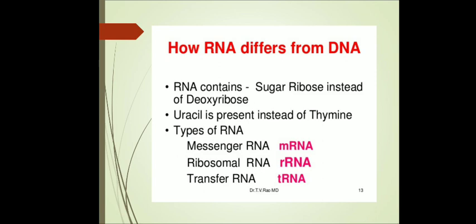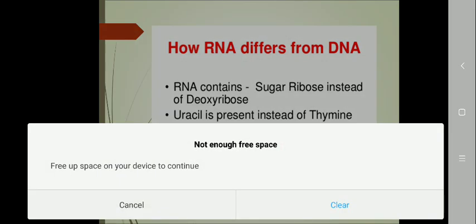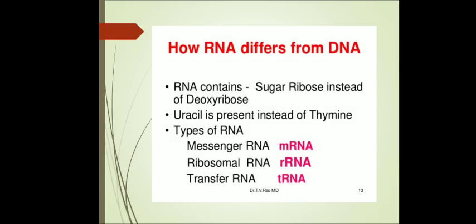Ribosomal RNA plays an important role in the formation of ribosomes during protein synthesis. And the third type is transfer RNA, which plays an important role in the transfer of amino acids during protein synthesis.